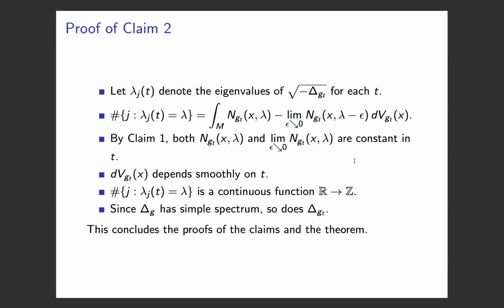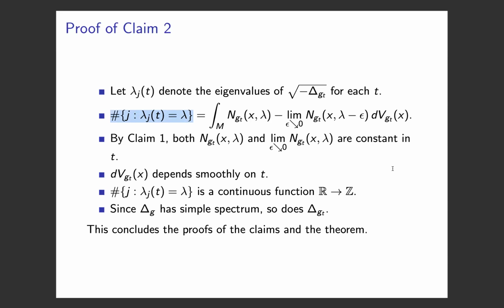We also know that because we've pulled back by a function that depends smoothly on t, the volume element depends smoothly on t. And if the volume density depends smoothly on t, then this count is a continuous function from the real numbers into the integers. And so it has to be constant.